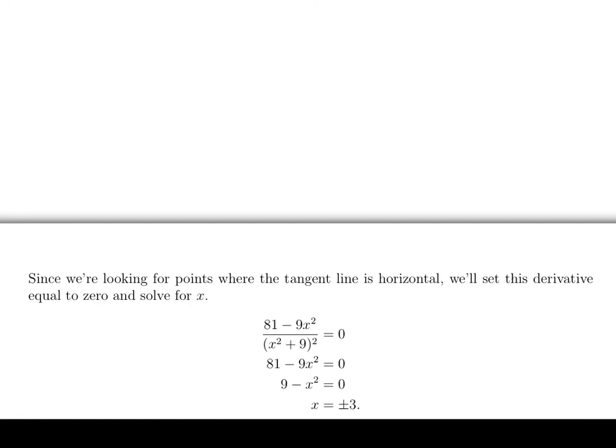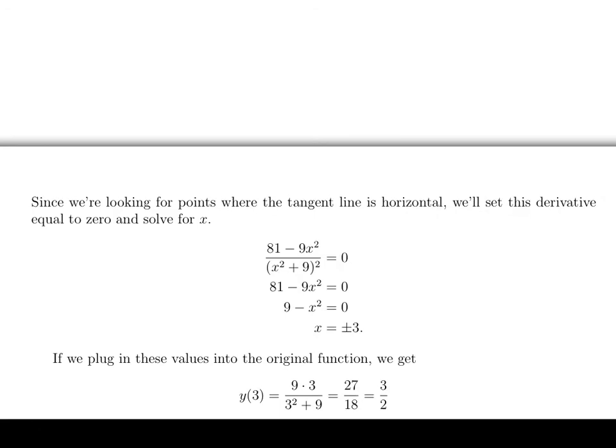So those are the x values where the tangent line to the original curve is horizontal. Now we need to get the y values. And we'll get that by plugging in negative 3 and positive 3 back into the original function. So if we plug in 3 back into the original function, we'll get 9 times 3 over 3 squared plus 9.